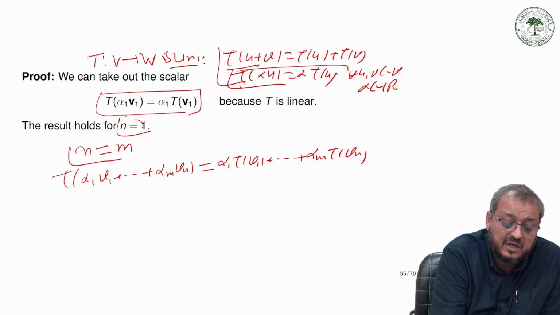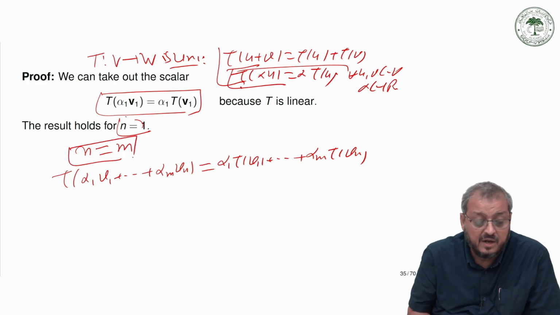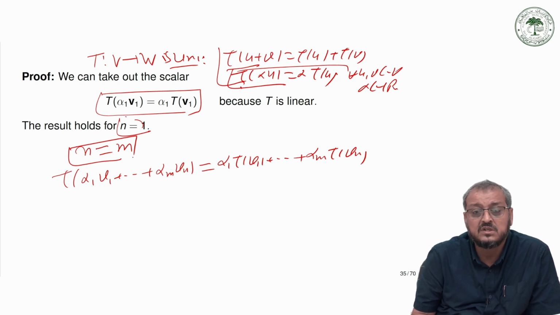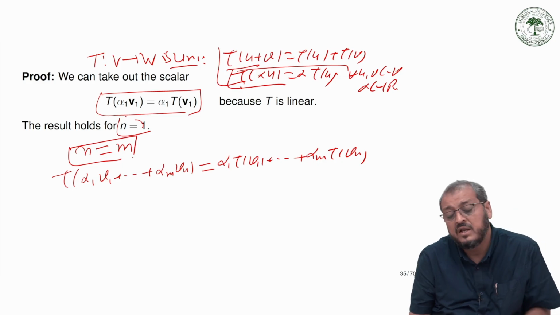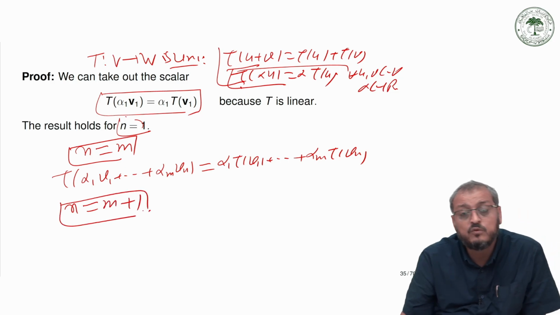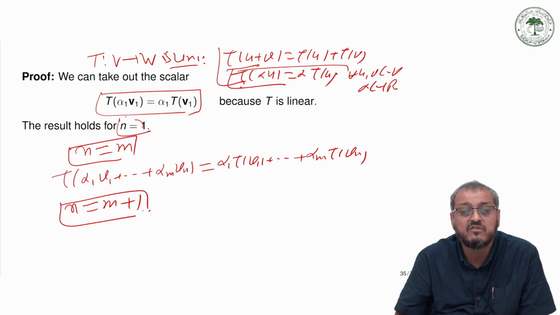Now our objective is to prove this result for n is equal to m plus 1. If we successfully prove that the result is true for n is equal to m plus 1, then it is true for all the set v1, v2, vn.